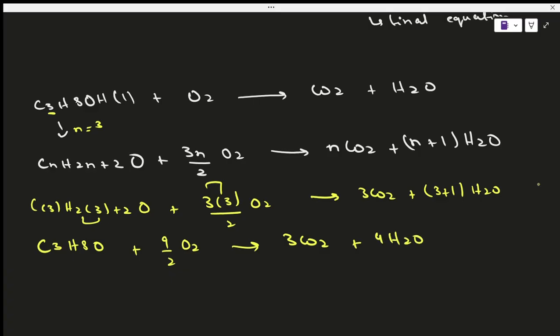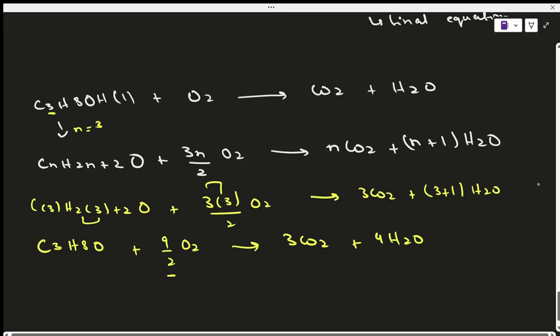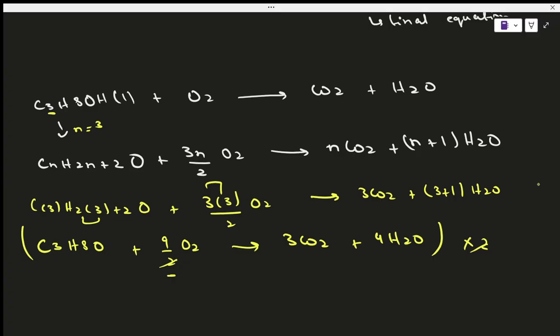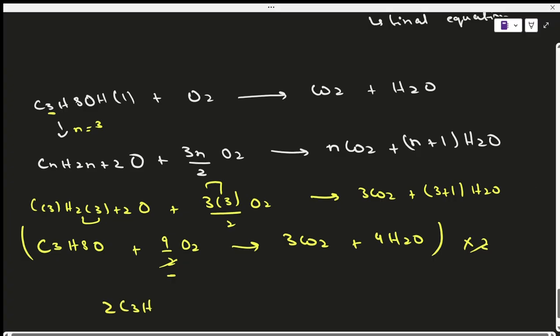Okay, and now to remove this fraction, we're going to multiply it by 2. So this 2 cancels out here, and if I just multiply the rest of the equation, that is 2C3H8O plus 9O2 gives 6CO2 plus 8H2O.